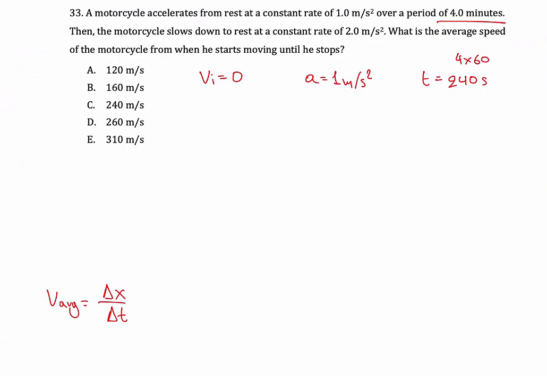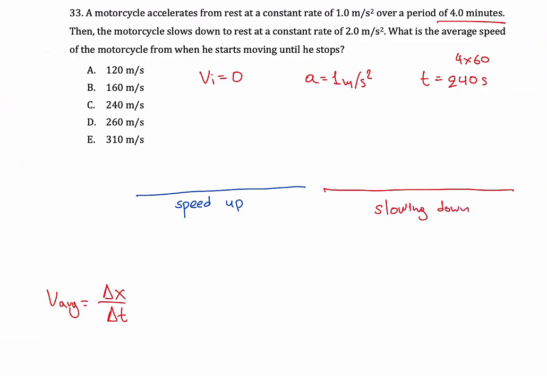Unfortunately, there are two motions. One motion when the motorcyclist is speeding up, and then another motion when the motorcyclist is slowing down. So we need to find two distances.